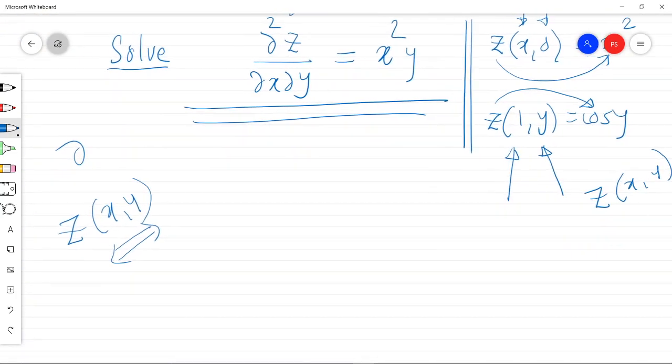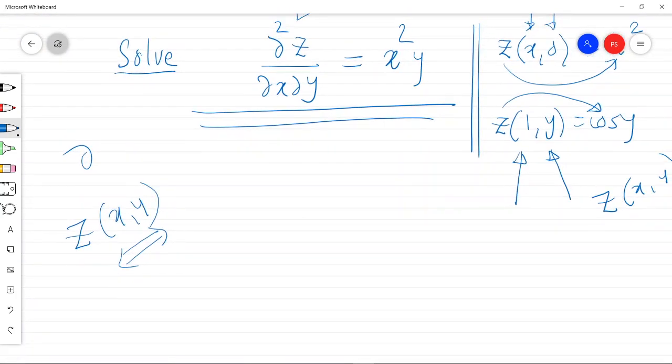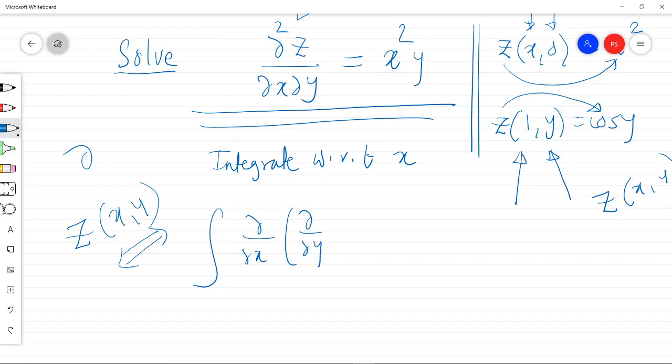So just look at this equation now. We need to integrate this with respect to x. So it looks like dou by dou x of dou by dou y, just I am splitting this term of z.